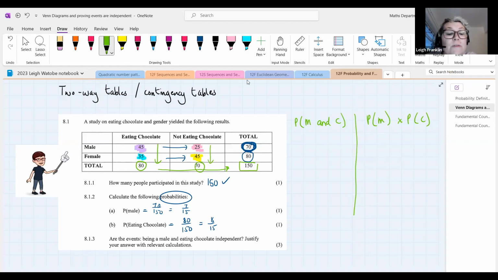So the first thing that we want to do is go and have a look at the block where you work out the probability of being male and eating chocolate. What is the probability of being male and eating chocolate according to this survey?